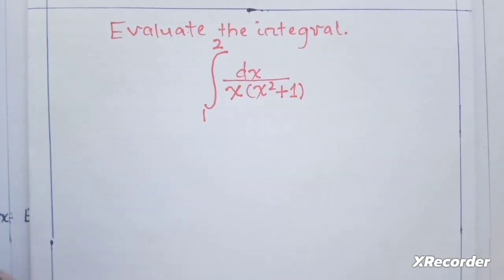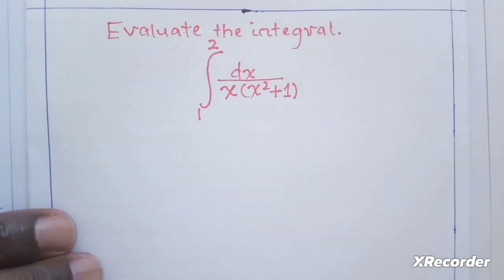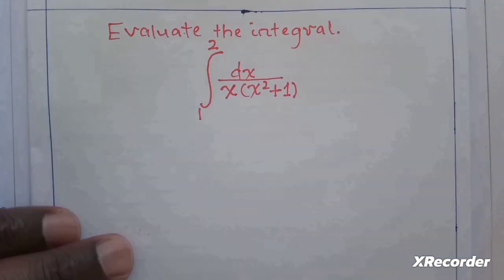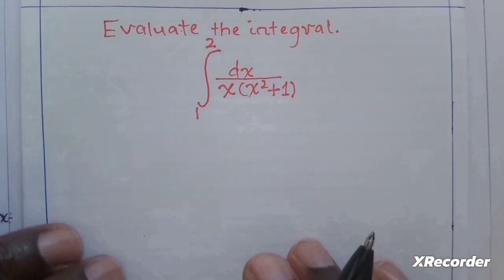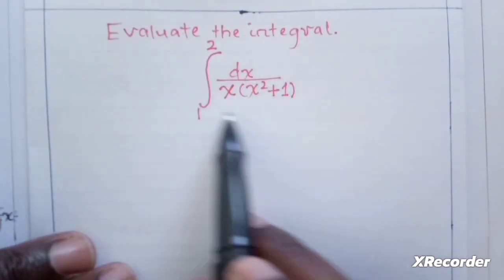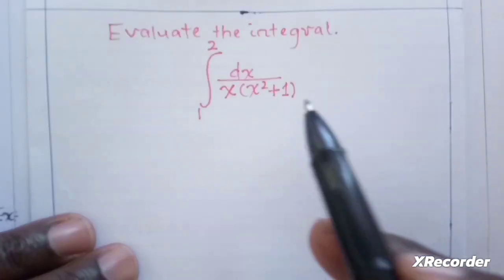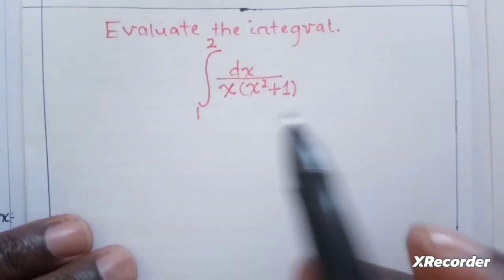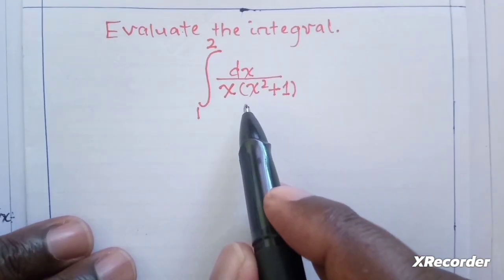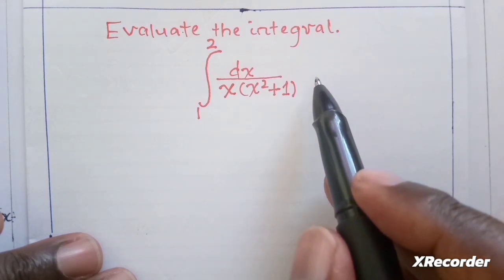And so we start, guys. The question reads, evaluate the integral. And so guys, I can start now to do the question. The first thing we shall do is, because it has one fraction with two factors in the denominator, we are supposed to separate it into simpler partial fractions.